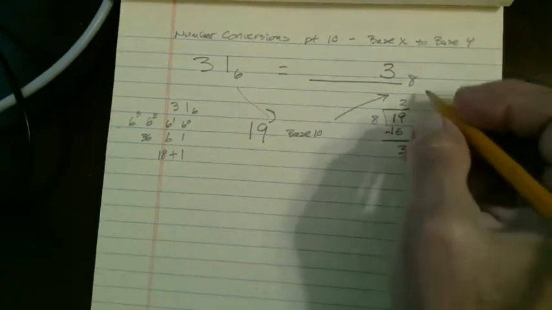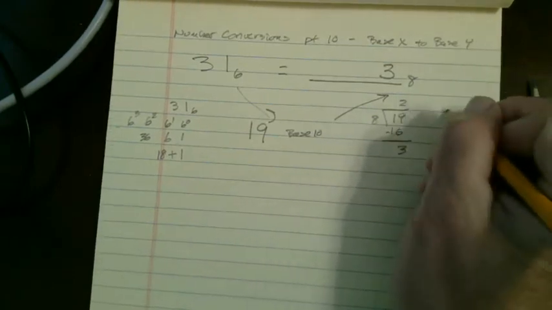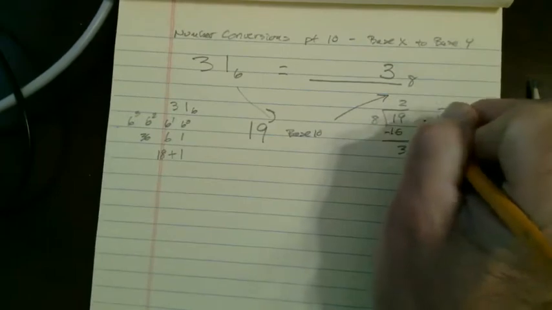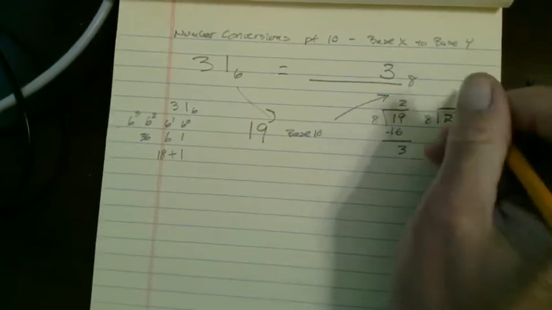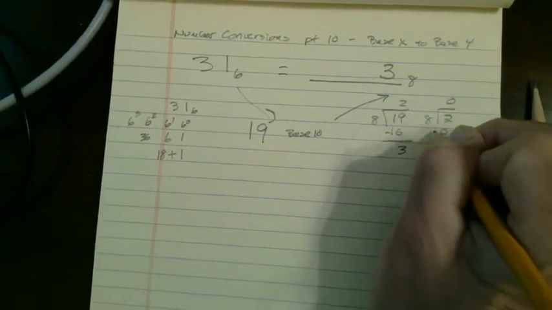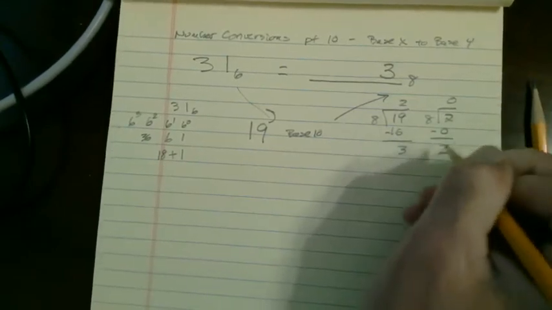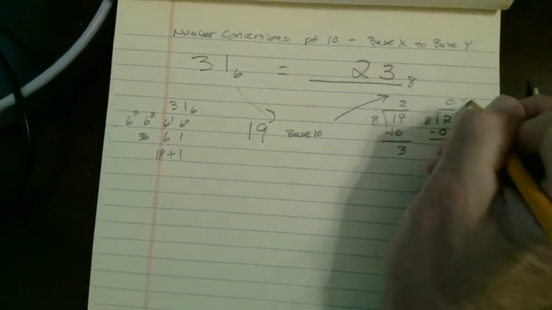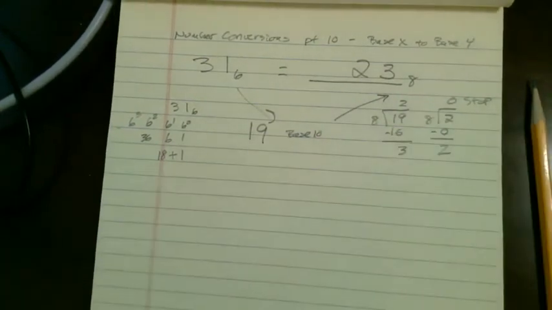Then I take the 2, divide 2 by 8. 8 goes into 2 0 times. I've got 0 times 8 is 0. My remainder is 2. I take that 2, write it up here, and when I get to 0, I stop, and there's my number. 3, 1, base 6 equals 2, 3, base 8.